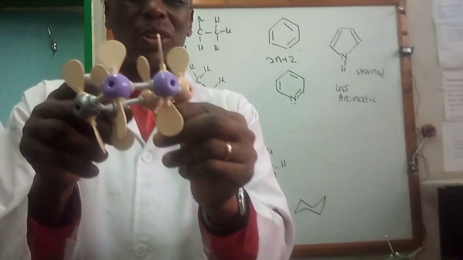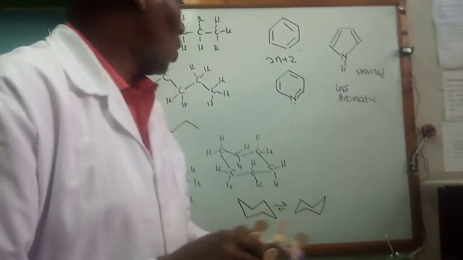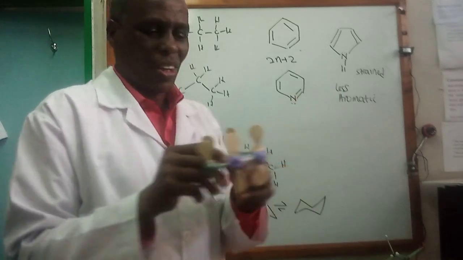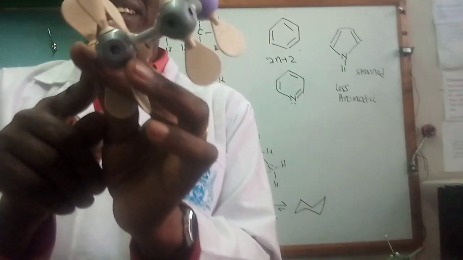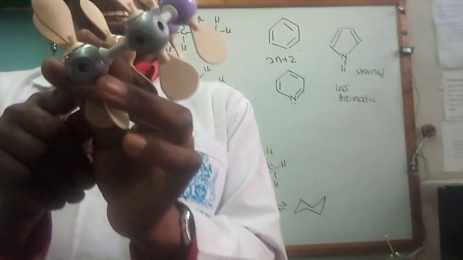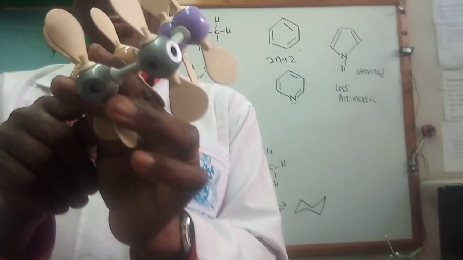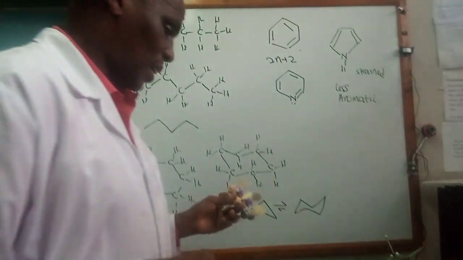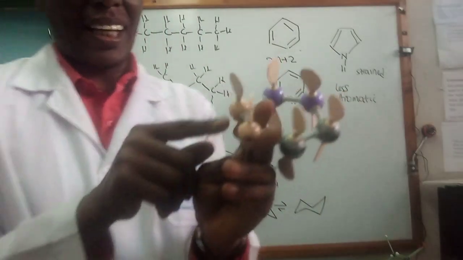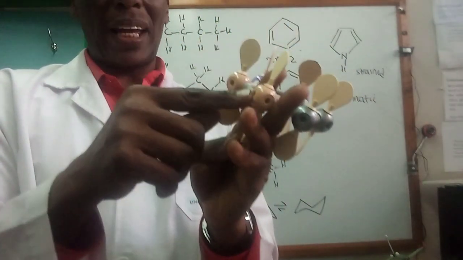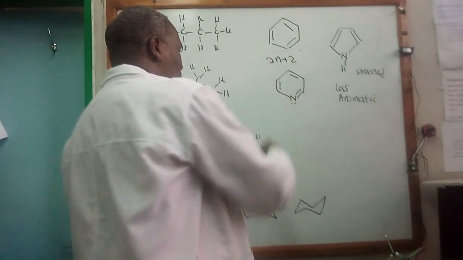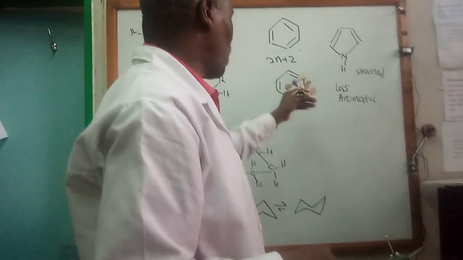So what I want to do, for simplicity, is introduce an atom here. Let me say the atom is nitrogen here. What I'm just going to do is, okay, there are places where I can insert a lone pair.